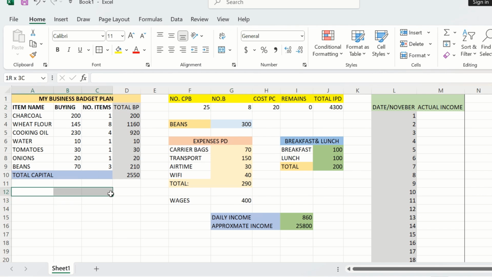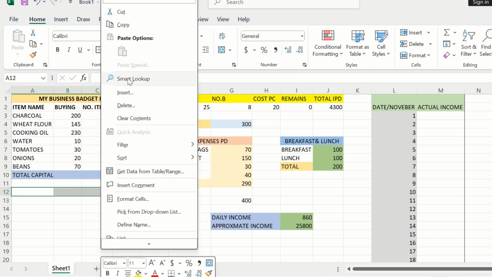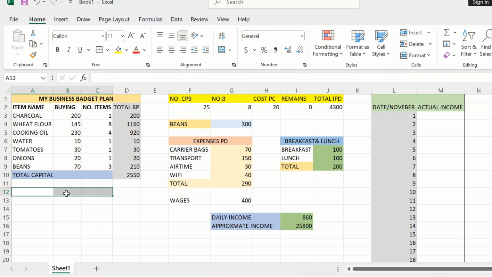So assuming that you bought some products on a wholesale basis, then you can try to automate these things so that once you have bought an item at a different price, you can easily track the daily income as well, because you might find that the product you bought at a particular price has maybe hiked, or you buy them at a cheaper price.